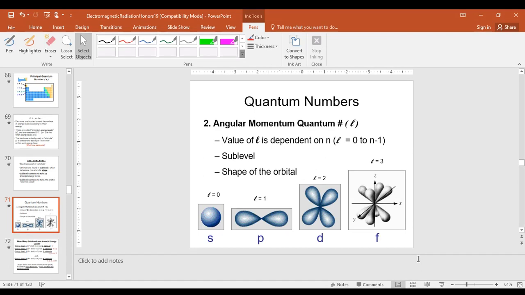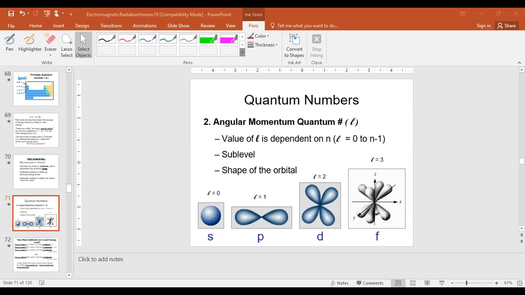One thing I do want to show you here is how the L value depends on N. So when N is equal to 1, L can only equal 0. When N is equal to 2, L is going to equal 0 and 1.